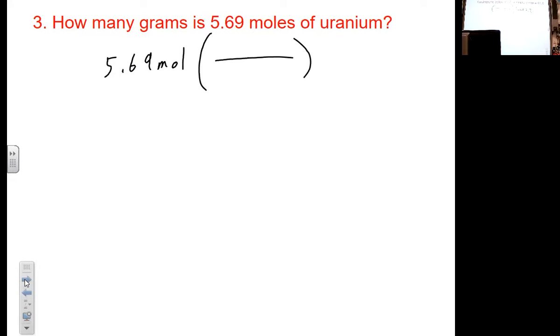TJ, what's going on the bottom? What unit is going on the bottom? 50-50 shot. Moles or grams? Moles is what I have. I don't want them, so they go on the bottom. And you know what goes on top, right? Grams. That's what I'm looking for.